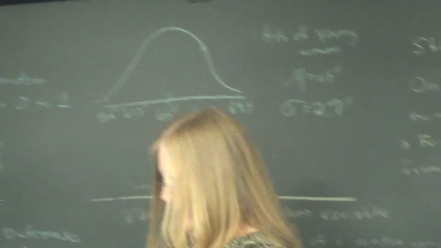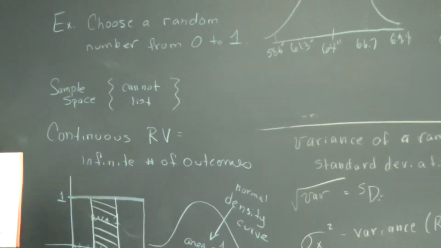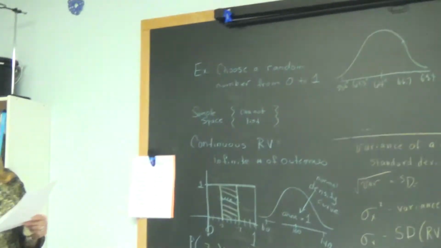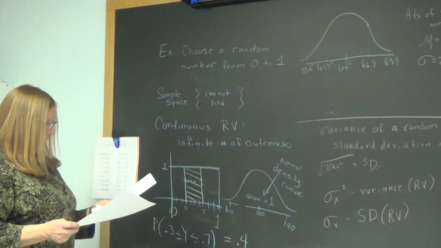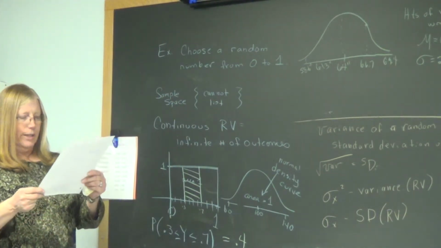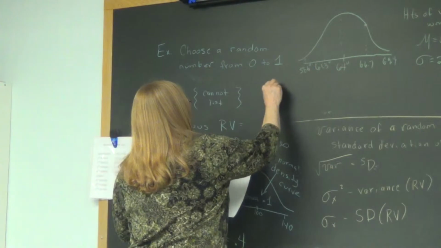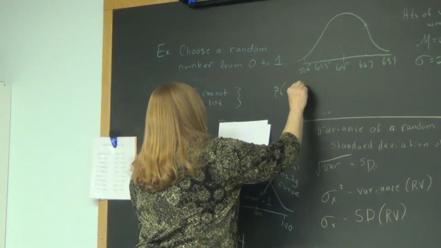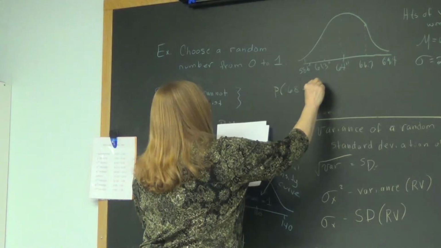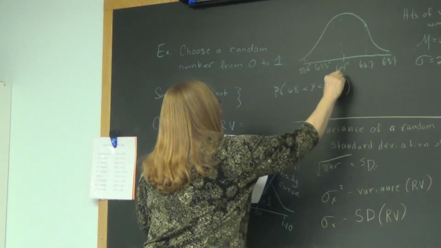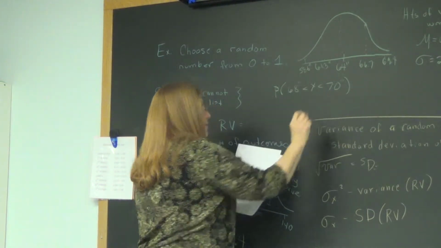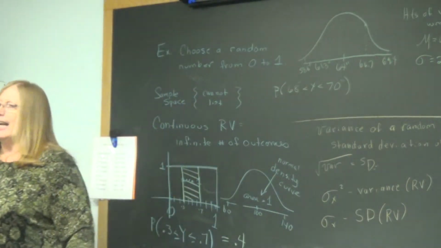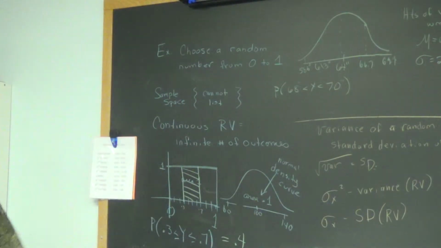Here we go. I have chosen at random a young woman, and I have taken her height, and I want to know what is the probability that this woman I chose is between 68 and 70 inches. The way we do this is exactly how we used to do it in chapter 2.